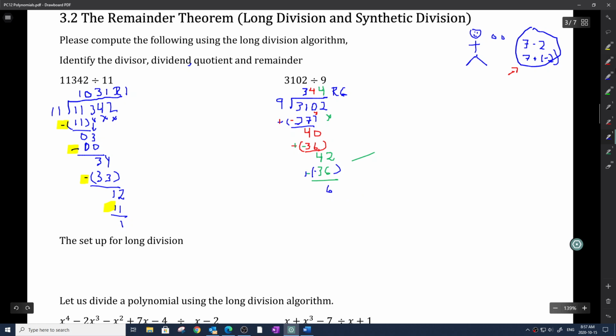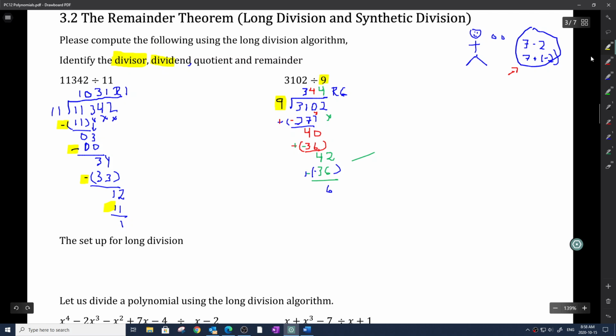So now let's talk about things. What is the divisor? The divisor in this question is 9. The divisor can be found in the long division algorithm right here. The dividend. What's going on? The dividend.